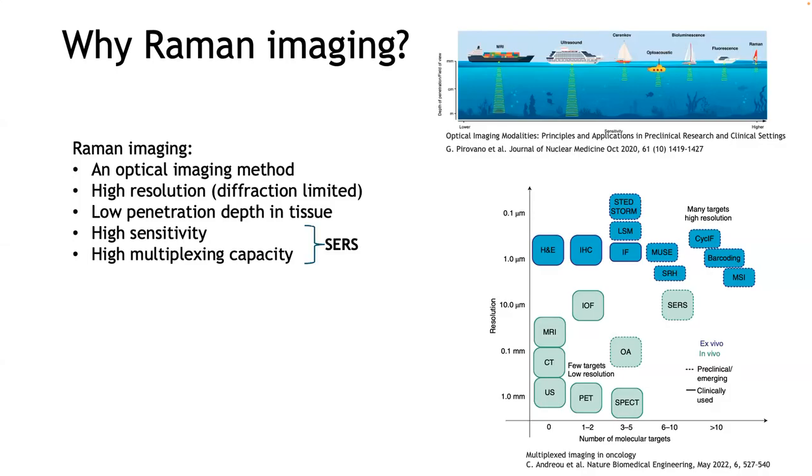However, these are only there when we're using the nanoparticles, the SERS nanoprobes, as contrast agents. So the resolution and the penetration depth are properties of the fact that we're using light for imaging, and the high sensitivity and the high multiplexing capacity are because we're using smart contrast agents.